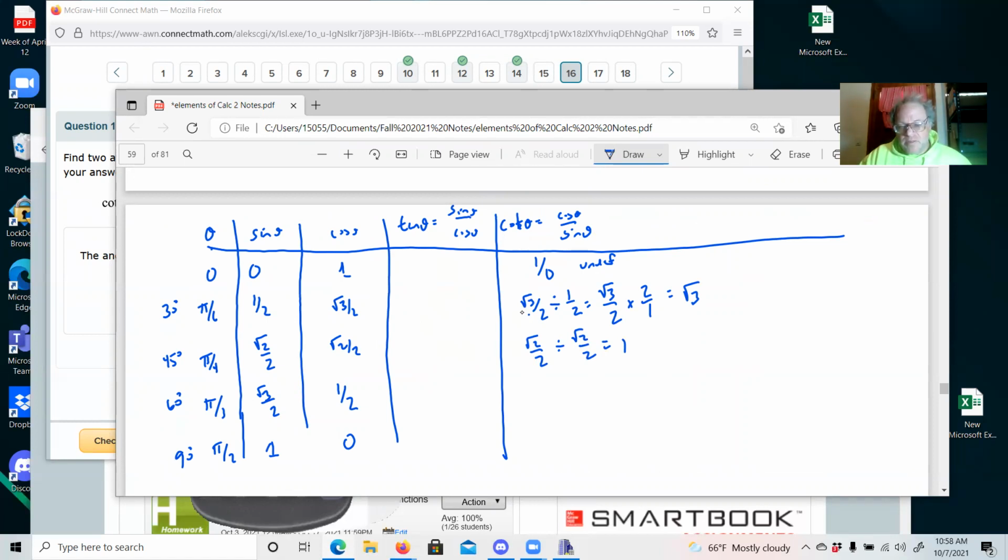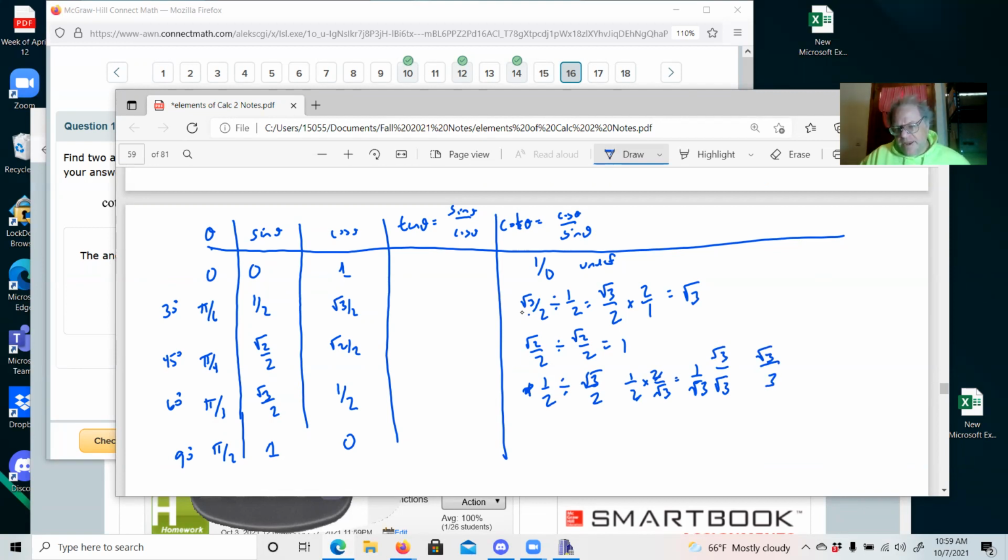Okay, this guy here, I'm going to do cosine over sine. So this is 1/2 divided by square root of 3 over 2. So this is 1/2 times 2 over root 3. So this is 1 over root 3. But then when we rationalize the denominator, we get root 3 over 3.